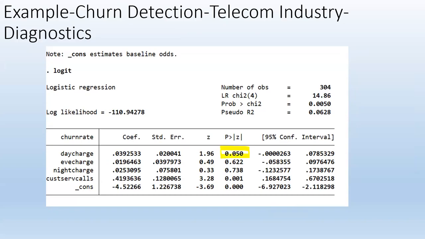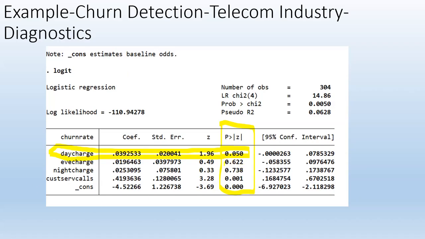In diagnostic analytics, we were trying to say that day charge is going to have an effect. Usually the significance is set over here. If the numbers in this column are less than 0.05, we can confidently say that the impact of day charges is significant. Which means that if day charges increase, and it is 0.039, the churn is going to increase.